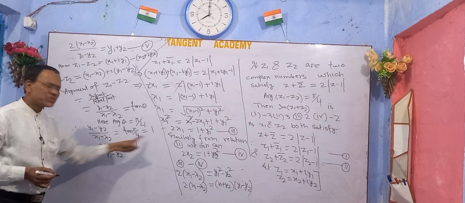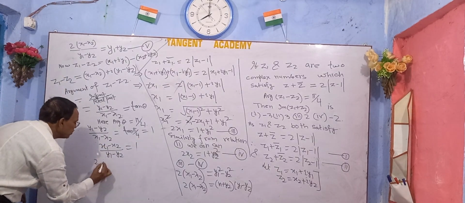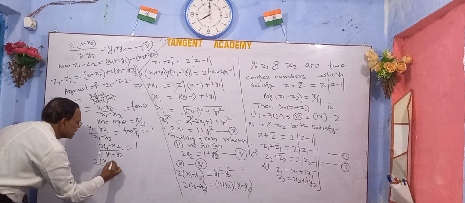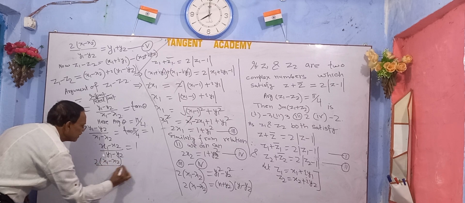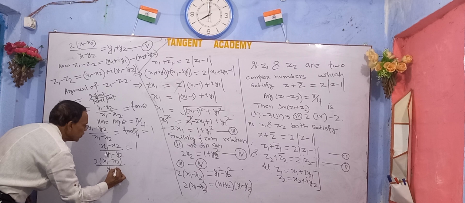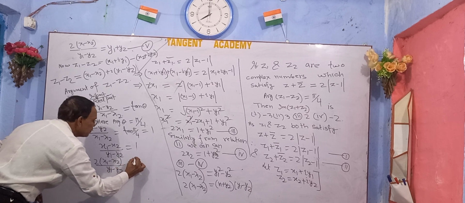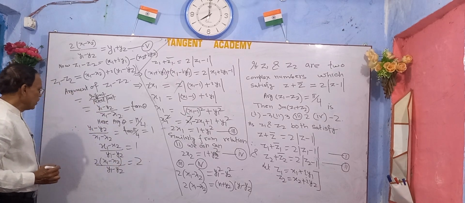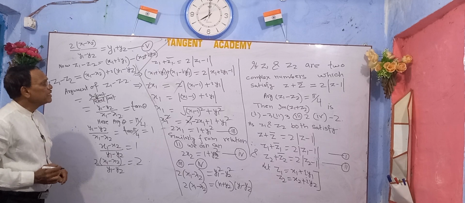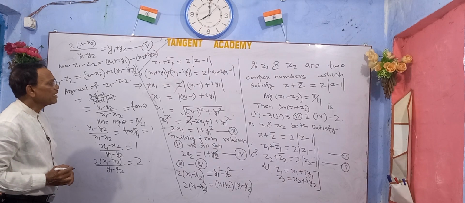So multiplying both sides by 2, twice x1 minus x2 divided by y1 minus y2 is equal to 2. And this is the required relation.